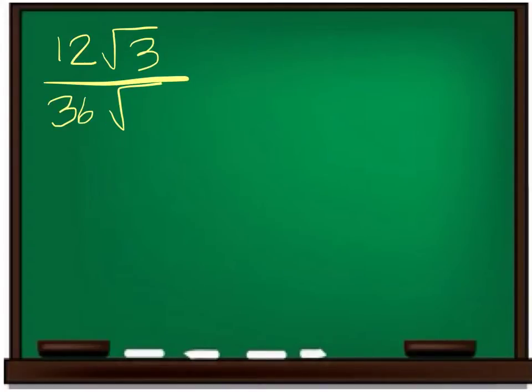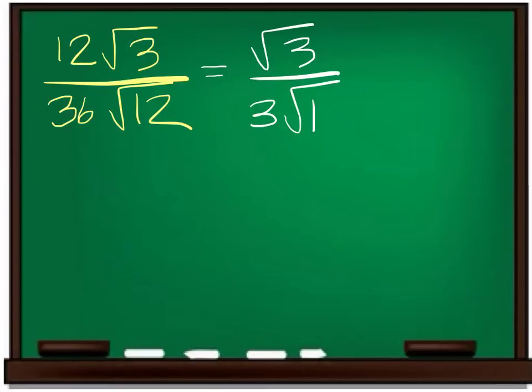Example 4. Here you have 12 square root of 3 over 36 square root of 12. You can simplify the 12 over 36 and come up with 1 over 3. You can also simplify the square root of 3 over square root of 12.